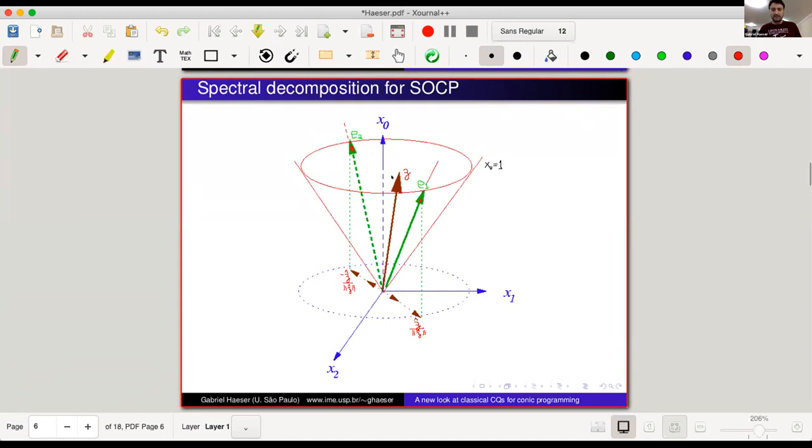Also, if Z is on the boundary of the cone and it's orthogonal to some other vector, the other vector must be the other eigenvector. Let's say if you get E1 here and you ask which is the vector orthogonal to this one inside the cone, it will be E2. So they will share the same set of eigenvectors.